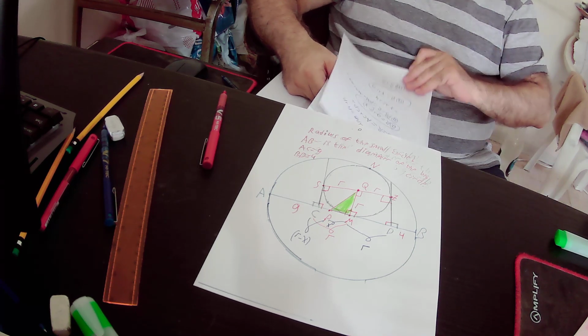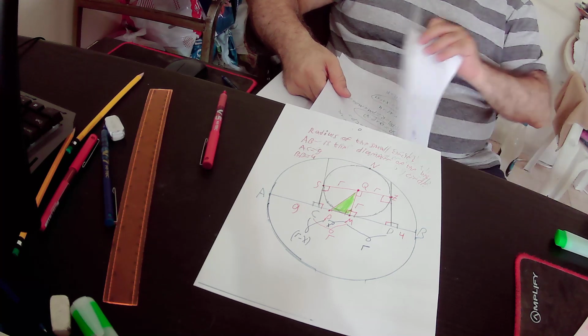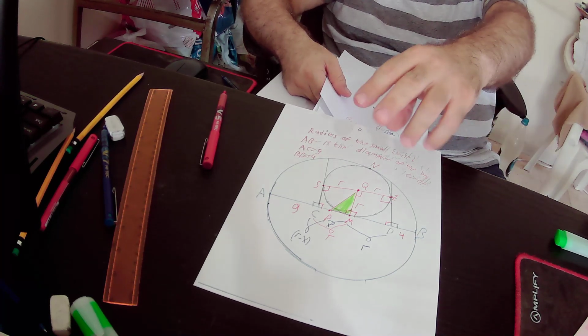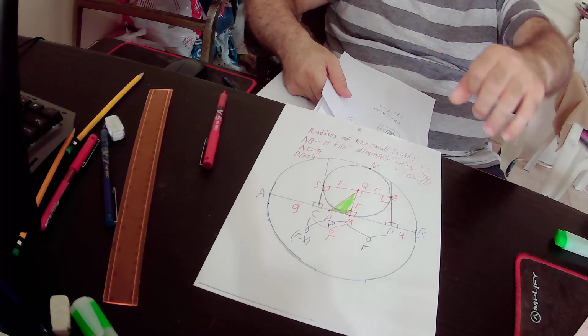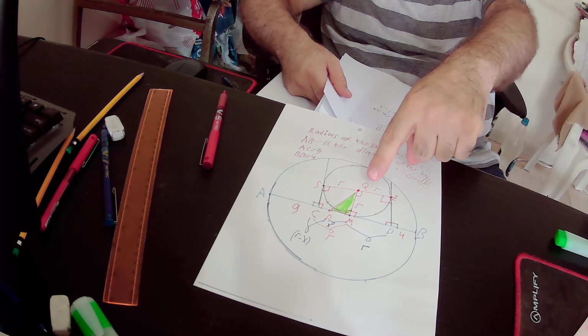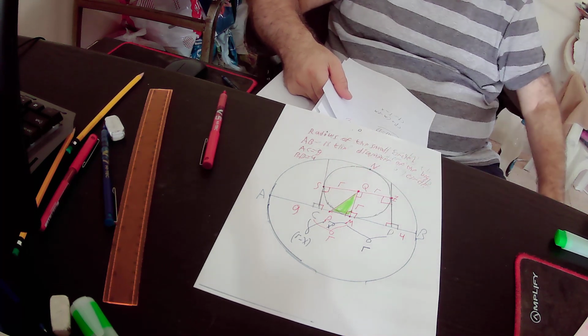Okay, so we defined the small r as the radius of the small circle and capital R as the radius of the big circle. And we also defined point Q as the center of the small circle, and point P as the center of the big circle.